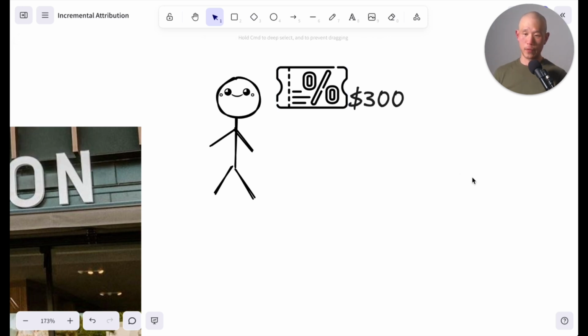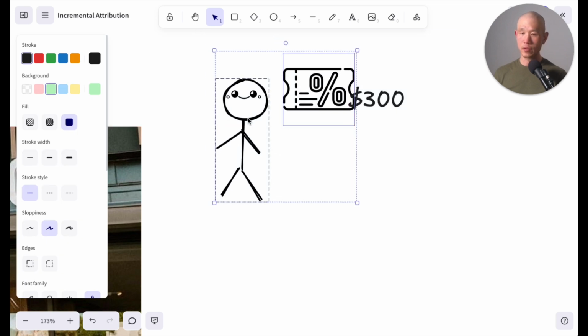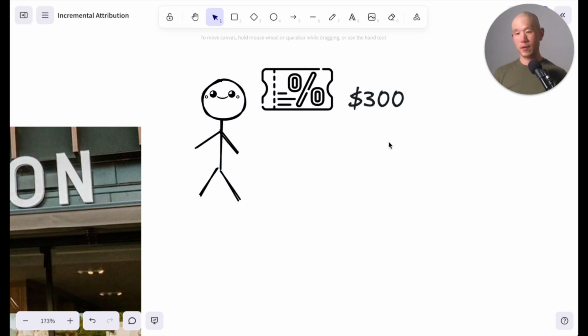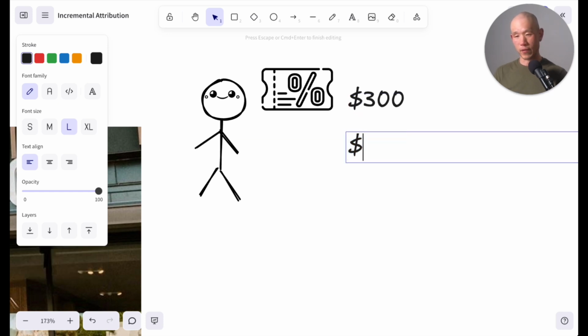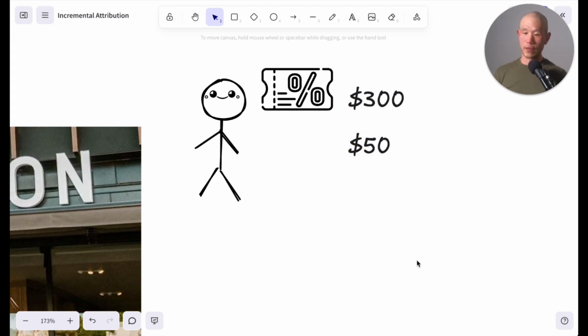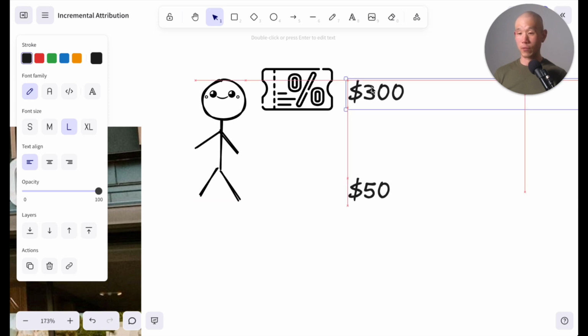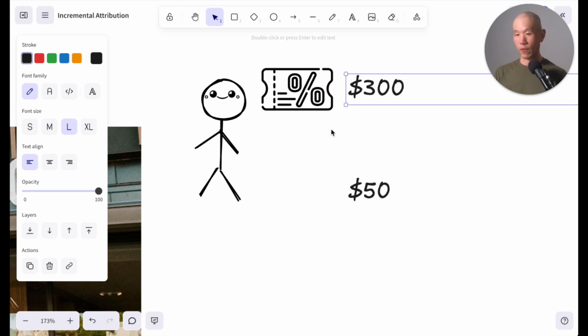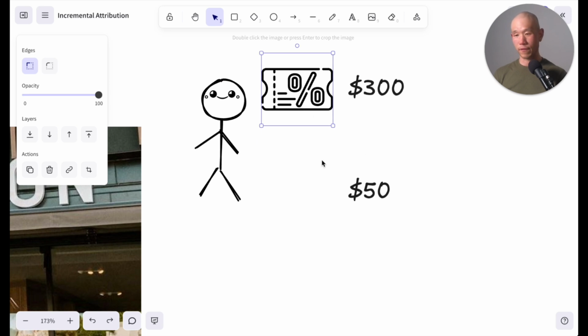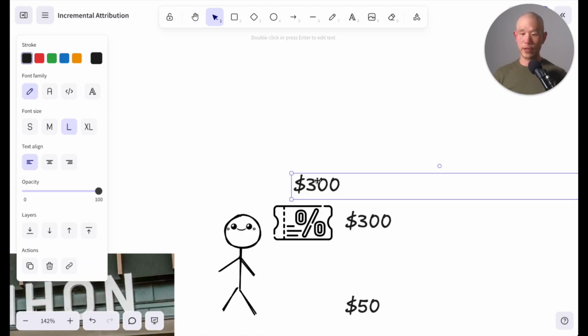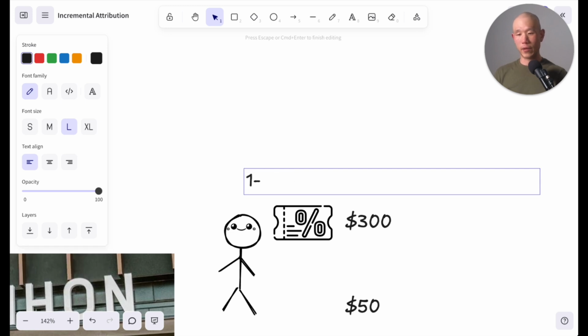It's possible that it was very influential, and it's possible that the influence you had on them might have taken them from originally wanting to spend maybe $50 at the store to suddenly spending $300 on their trip, because of whatever you said to them, or because of the coupon and the offer and the advertising that you did to them. This one, just for clarity, we will label as one-day click.